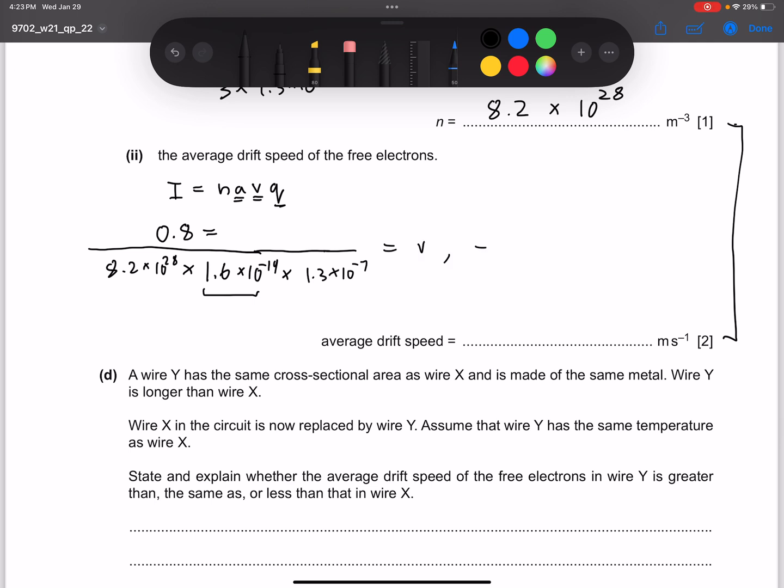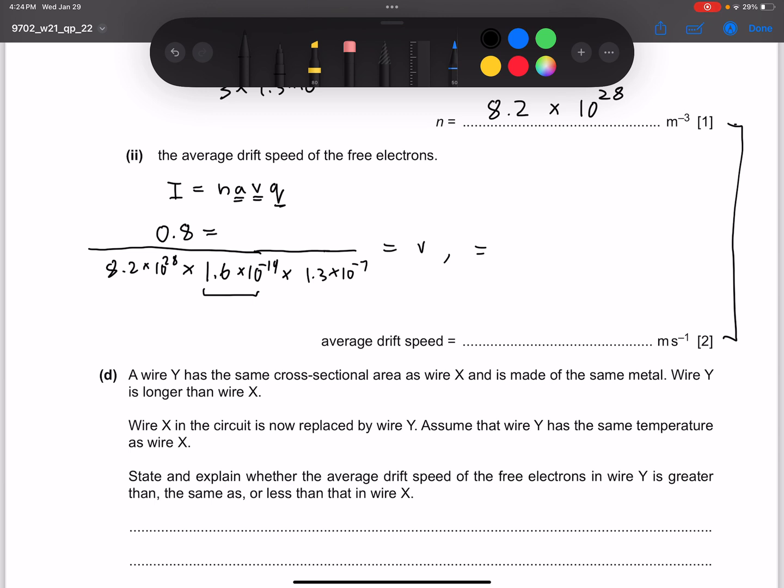Equals V. That gives us a value of, you have to really bear with me now, 0.8 divided by 8.2 into 10 to the power 28 into 1.6 into 10 to the power minus 19. If you're not skipping the video here, I think you really like the sound of my voice.